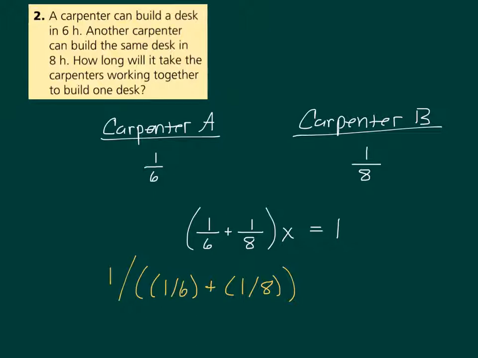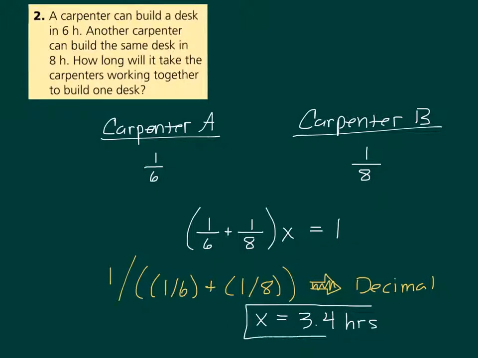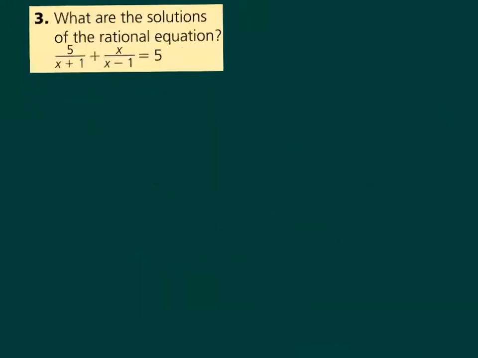That is going to give you a decimal. And we could just round to the nearest tenth on that one. How long will it take? They don't ask us to be specific on the rounding. So we got 3.4. So how long will it take them working together to build one desk? 3.4 hours.